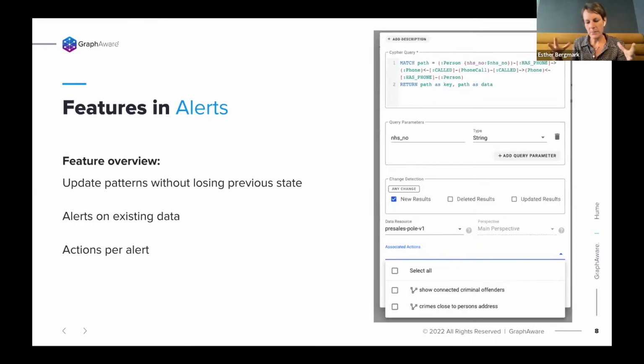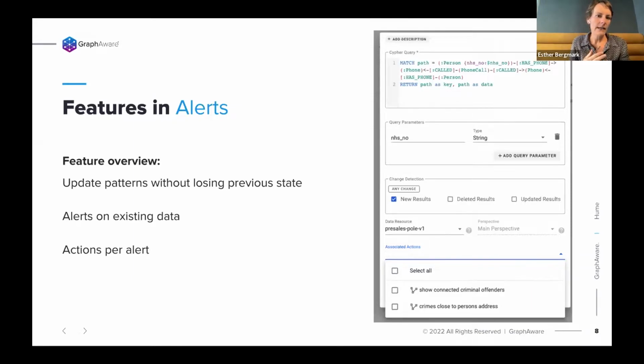So you have your data set, you create a pattern and alert, and then you look at everything that is already in the data, not just for changes. That's very nice, especially if you don't want to spend so much time analyzing a data set manually. You can instead create a query and a pattern and run an alert.